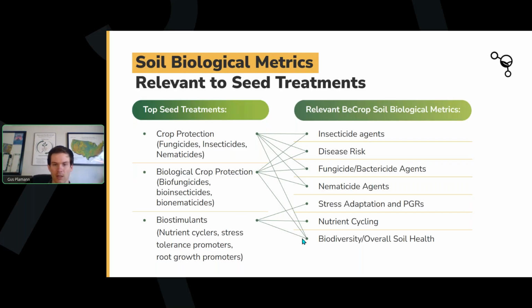But at least with looking at biodiversity and overall soil health indicators, you're able to get an idea of how susceptible that soil is to unintended consequences of conventional crop protection products, or whether or not they have a significant impact on that soil microbiome, or maybe they don't really have a significant impact on the soil microbes that are present.